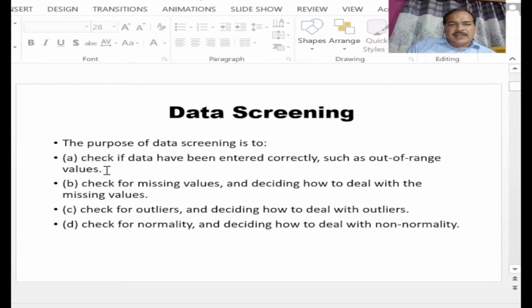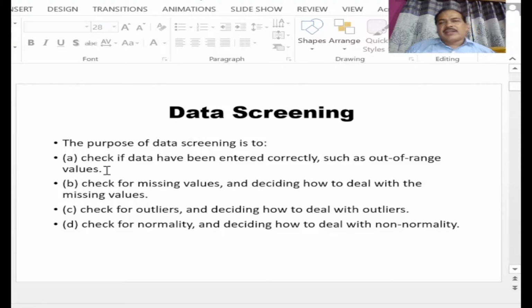With the help of data screening, we can identify the missing values, and we can also take a decision on what to do with them. Another purpose of the data screening is to identify the outliers and how we can handle them.